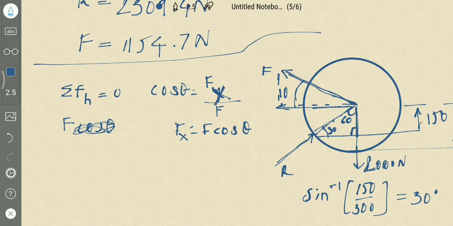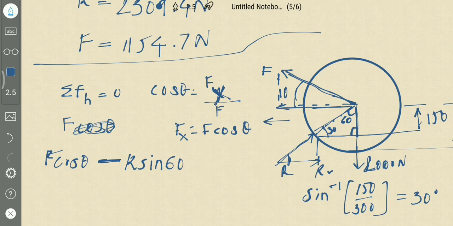So F cos theta is in this direction, and the component of R, Rx, this is 30 degrees, and it will be minus R sine 60. This is 30, this is 60, right?